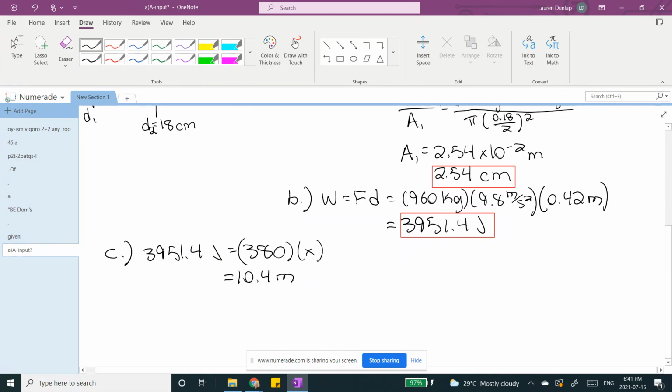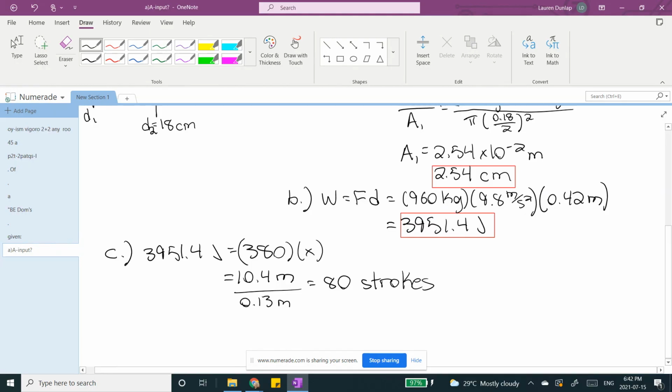That means that 10.4 meters is how much the input has traveled to do this amount of work. So we can take this and divide it by 13 centimeters, so divided by 0.13 meters. And that's going to give us 80. And that's the number of strokes.